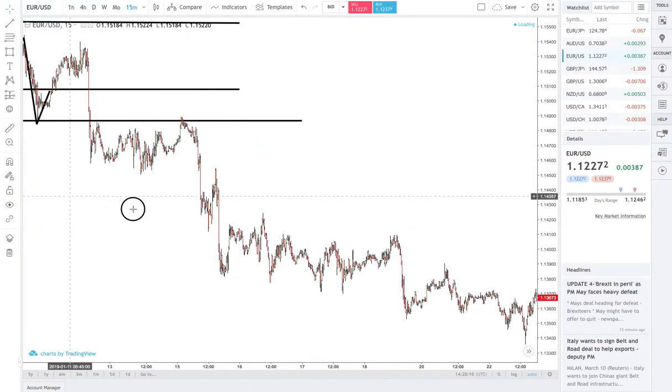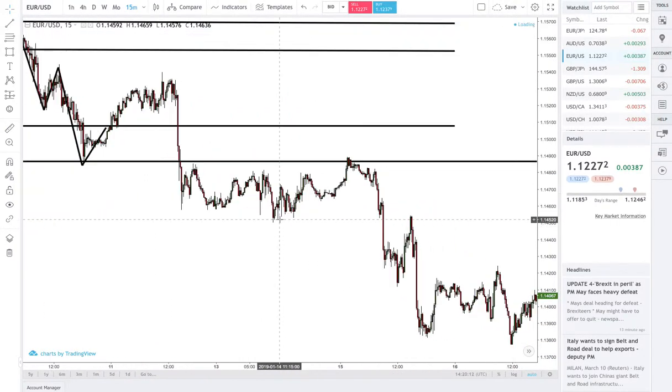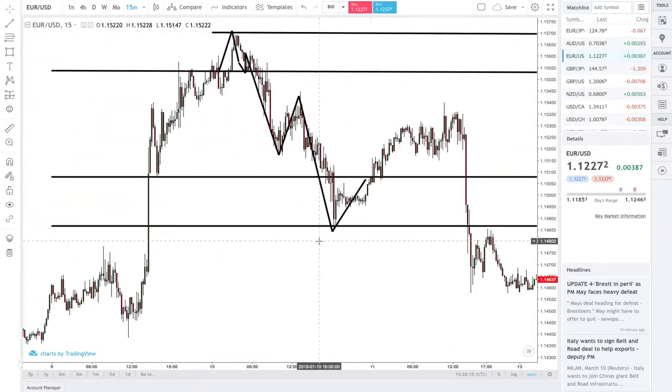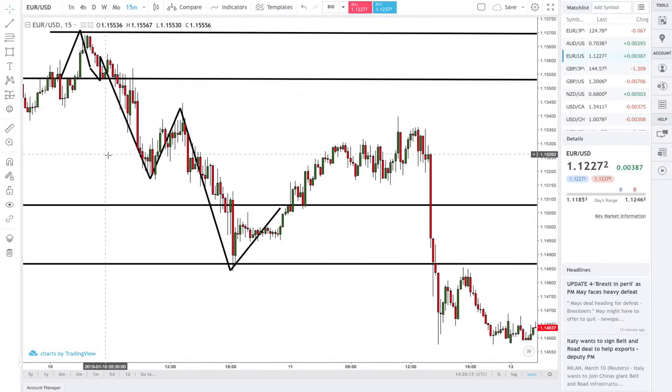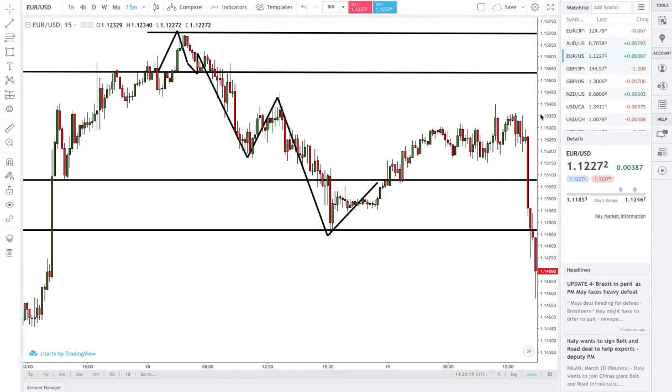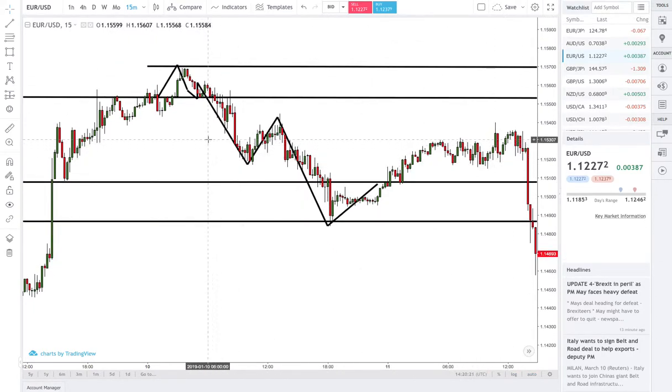There we go. So like I said, this is an example of one day on a lower time frame on a 15-minute chart.